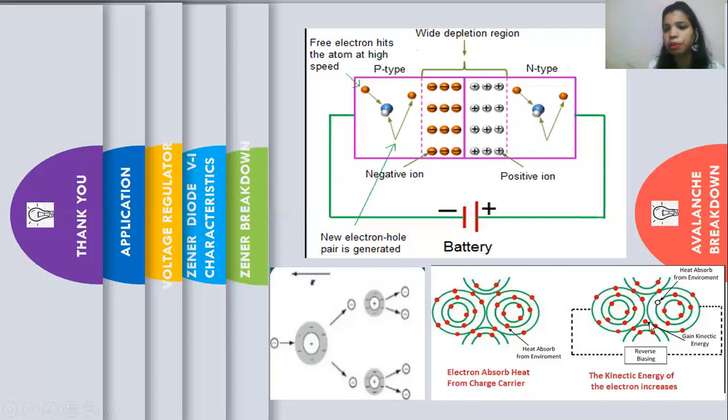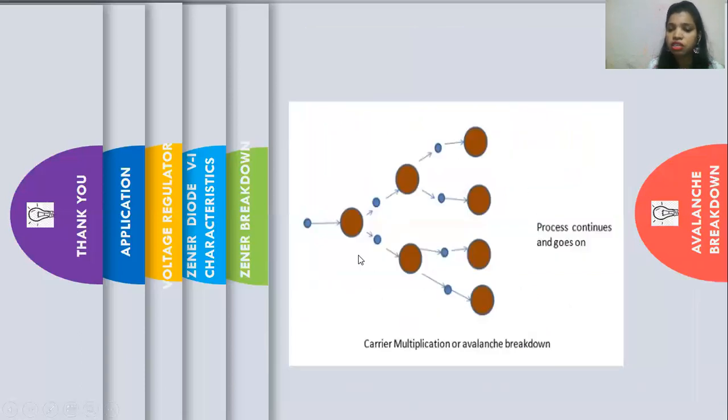An electron hole pair generates. So when this one electron collides with one atom and one electron hole pair generates, now there are two electrons. Again these two electrons collide with other stationary atoms, then two more electrons are generated by these two electrons. So from 1 to 2, 2 to 4, 4 to 8 electrons are generated. So this is called carrier multiplication or avalanche multiplication.